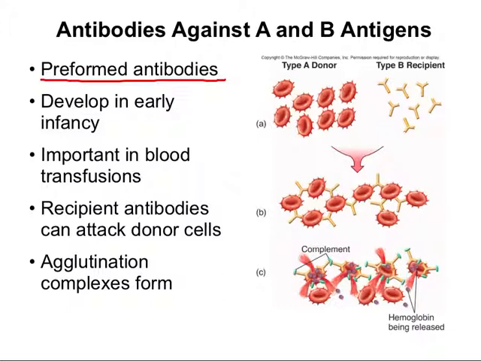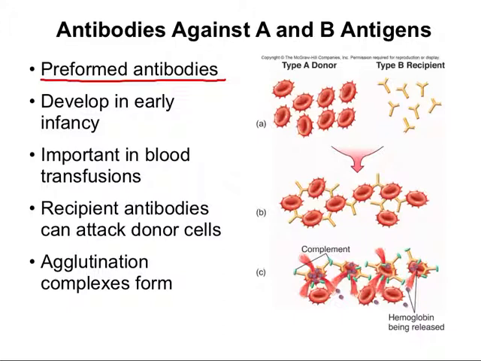So after exposure to these AB antigen mimics, the infant produces antibodies to those non-self foreign particles. The fact that there are preformed antibodies is what explains why there's such an immediate and intense transfusion reaction. These recipient antibodies attack the donor cells right away, and agglutination occurs.